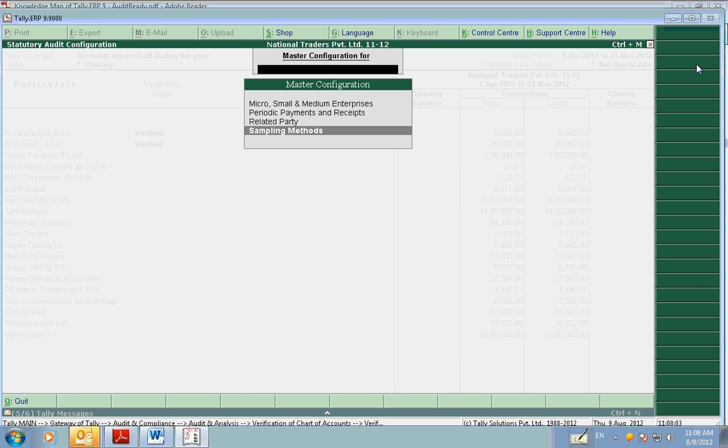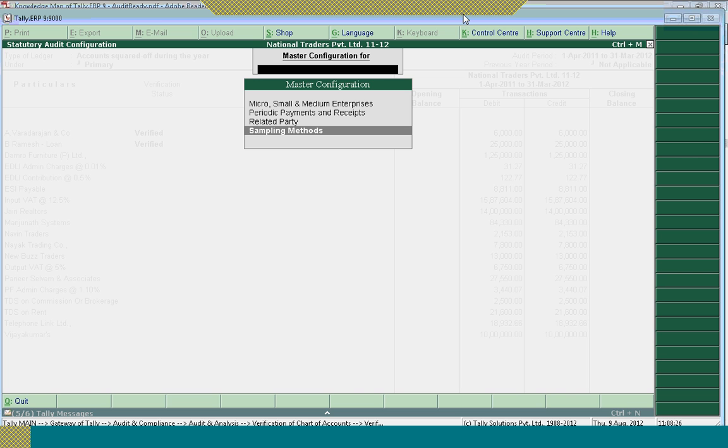We have predefined sampling methods, and we can use those. If not required, you can still have your own manual sampling methods and check them and do the verification and auditing of the same, and then keep the data ready. Right? So as and when we drill down into these configurations, we will come to know how exactly the configuration can be done for these masters. Right? Shall we proceed?